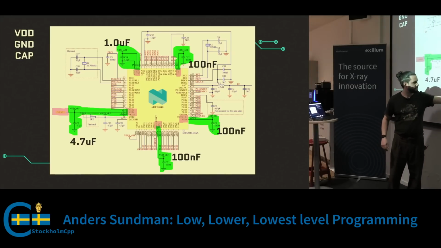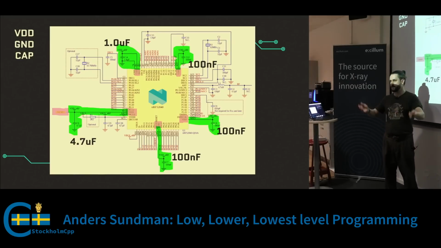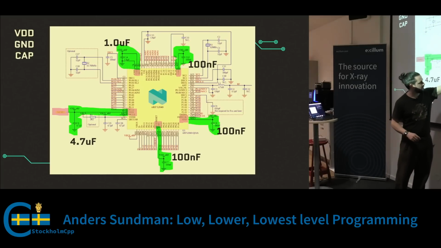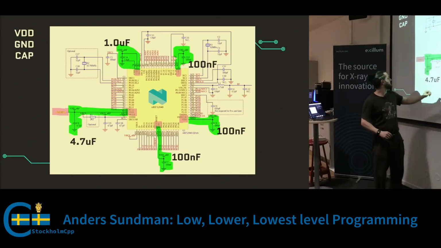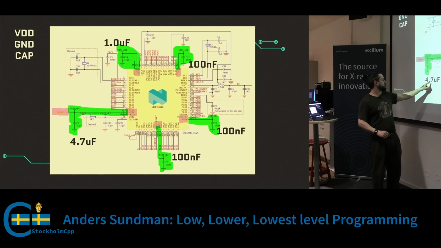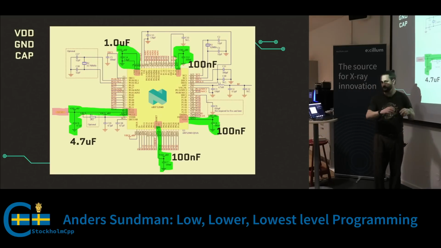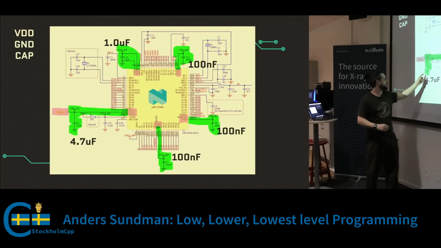Typically 100 nanofarad for small ones that capture high frequency noise. And if it's not physically close, it creates an antenna here. So it needs to be physically close to the chip. Some bigger ones, like this 4.7 microfarad and this one, are like a power bank: if you have a small voltage drop, to avoid a brownout, it can get some power back from this one.